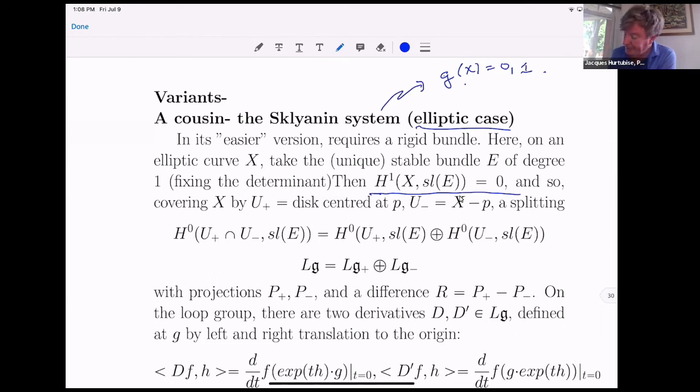And so if you're covering your base curve x by two open sets, say a disk and then the rest of the curve, you can do a splitting of essentially the loop algebra of SL(n) into a bit on the u plus and a bit on u minus, so a direct sum. And so you get projections and this r-matrix, which is a difference of projections.